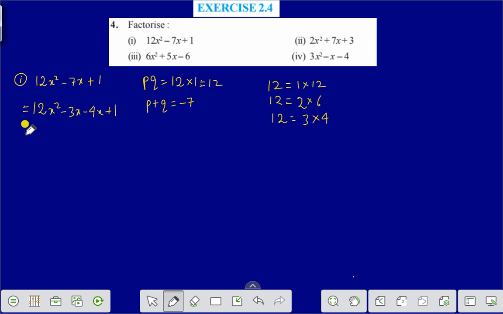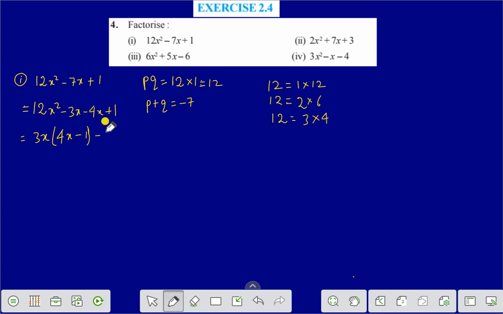Then if we take 3x as common, we are getting x, because 3 4s are 12, then x minus 1.